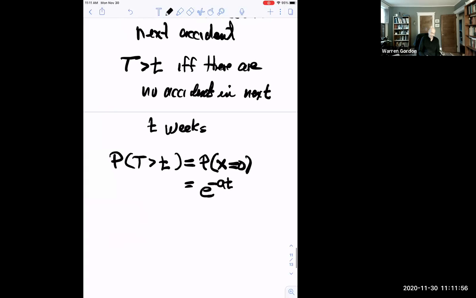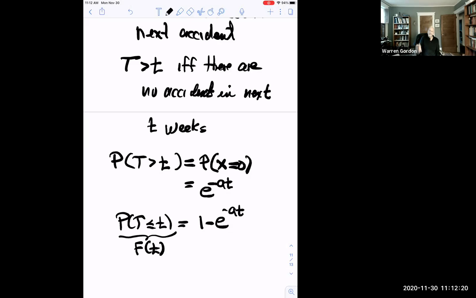And by the way, the complement, the probability that T is less than or equal to t, is therefore 1 minus e to the minus alpha t. But by definition, this is the CDF F of t. Now, whose CDF is this? This is the CDF for the exponential distribution with parameter alpha.